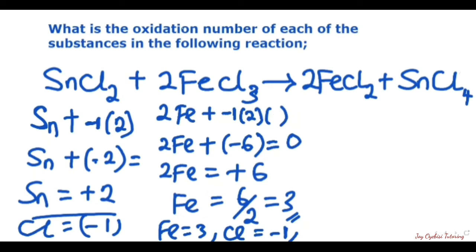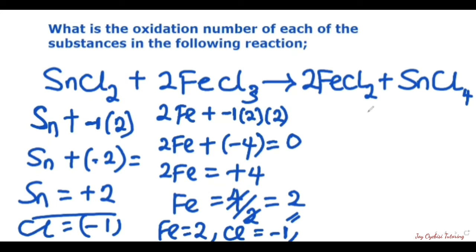So everything you have here would just be a little bit different. So this will be 4, here will be 4, here will be 4. Then of course when we do this it becomes 2. So for this is what you will have. Your Fe will be 2, chlorine will be -1.